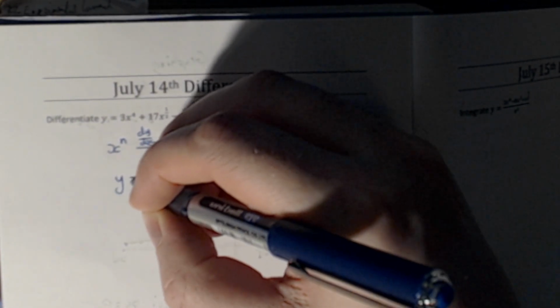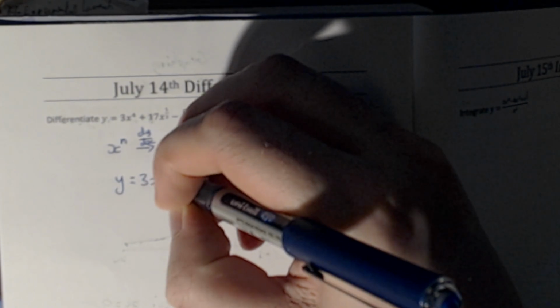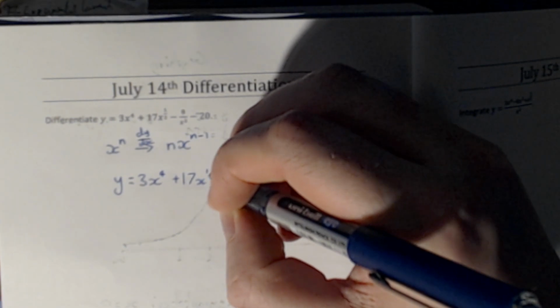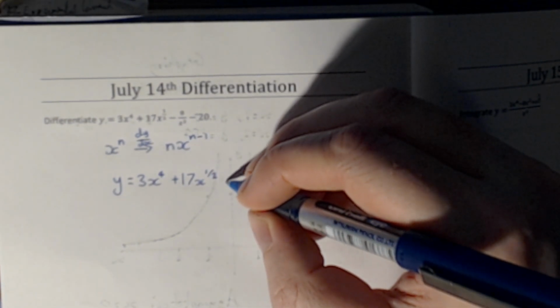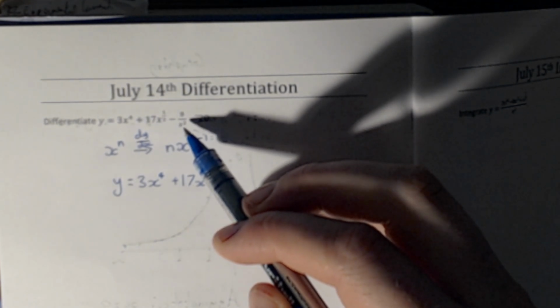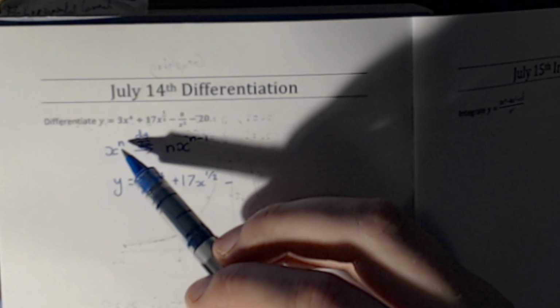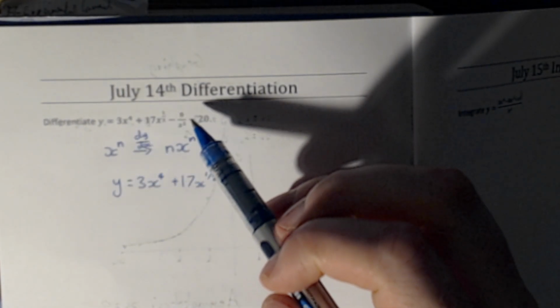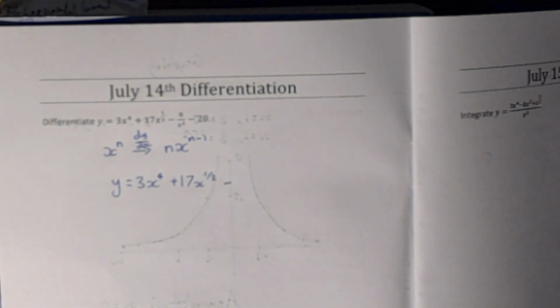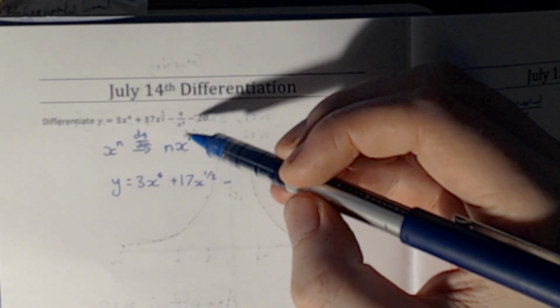Take y is equal to 3x to the power of 4 plus 17x to the power of a half minus, now we have 8 divided by x squared. That's not in our form x to the n yet. Now you might think they're similar.